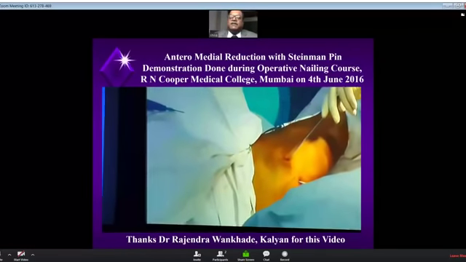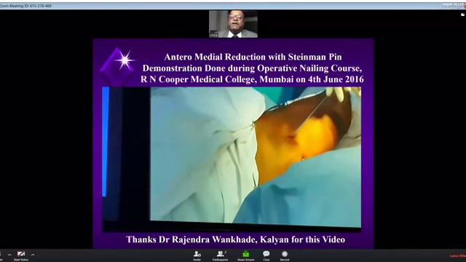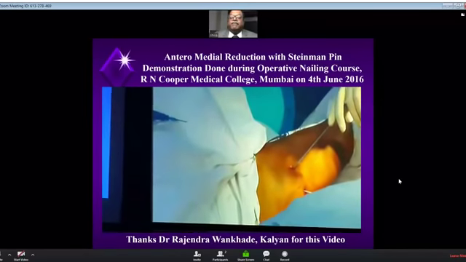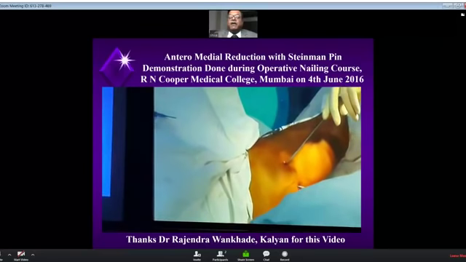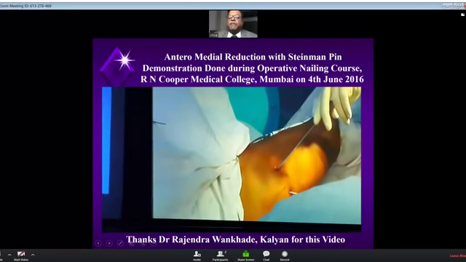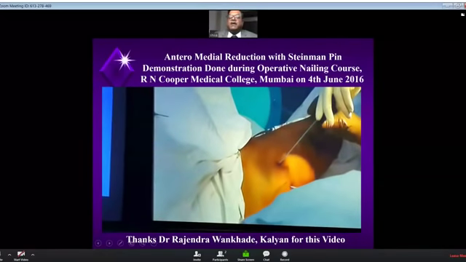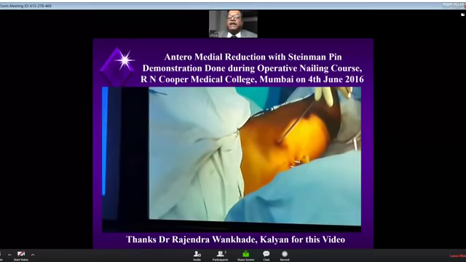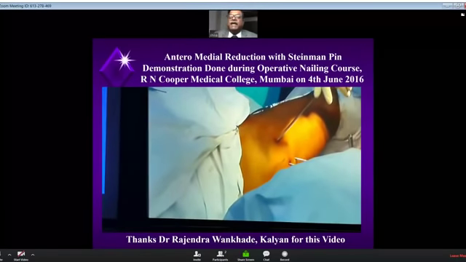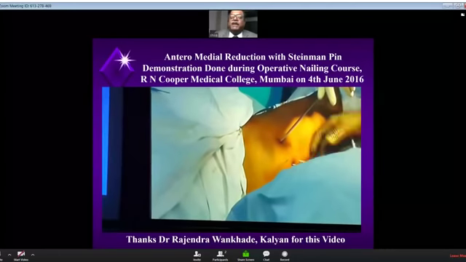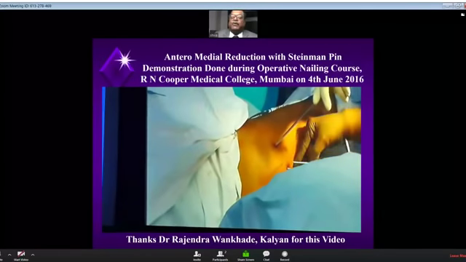And once I fix the K-wire, immediately I pass another K-wire, about a centimeter away. So this will be the fracture. And care should be taken that both these K-wires are very well in place, so that we have either the screw or the nail. That's the only thing.